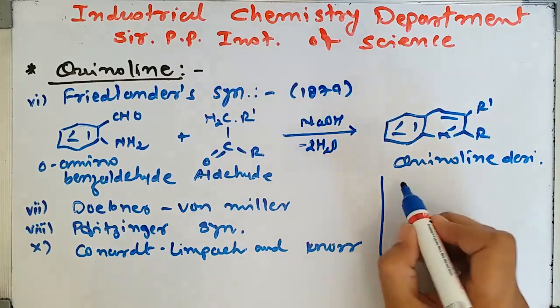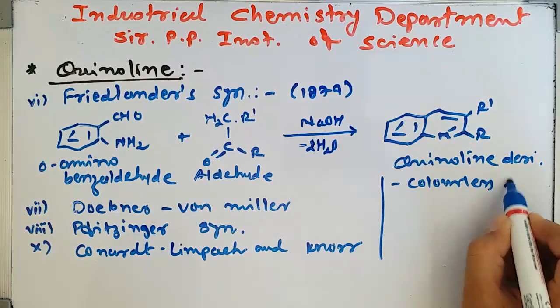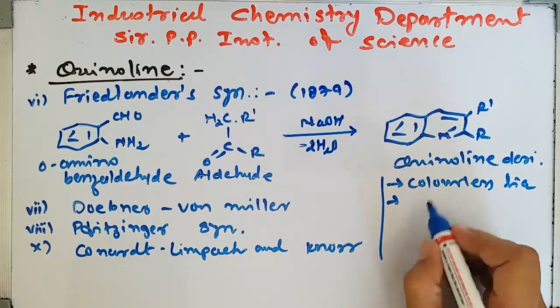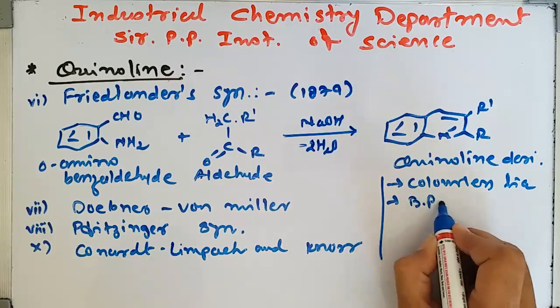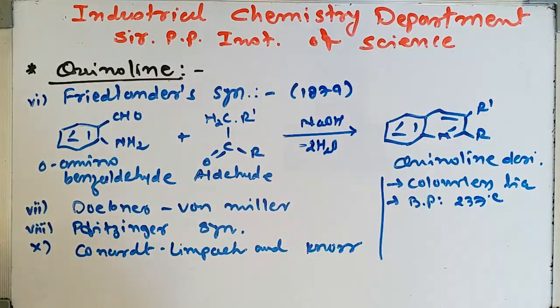Quinoline is a colorless liquid, and its boiling point is 237 degrees Celsius. It possesses a characteristic odor resembling pyridine.